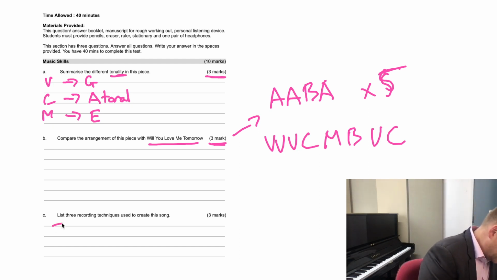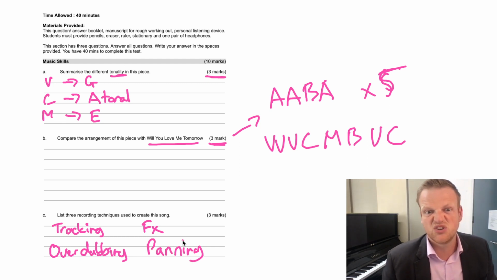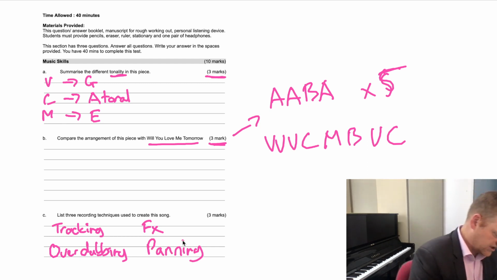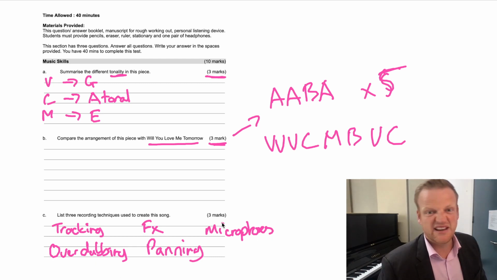So we might say, for example, there was tracking, there's effects, there's overdubbing, there's panning. And then if you really didn't know, you could try some things that you know are silly answers. You could say they used microphones. You never know, you might get a mark. It's better than leaving it blank.